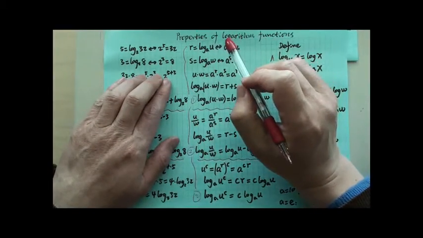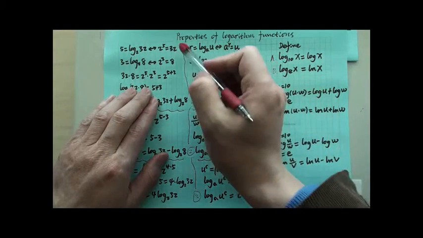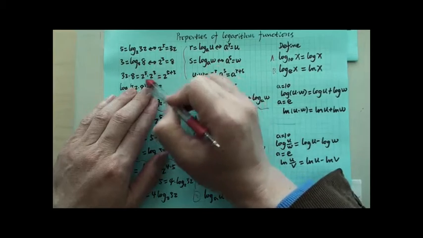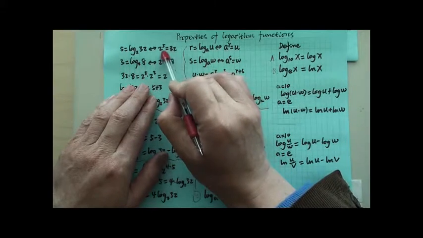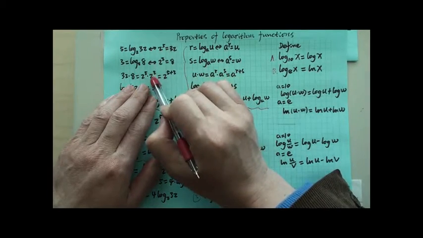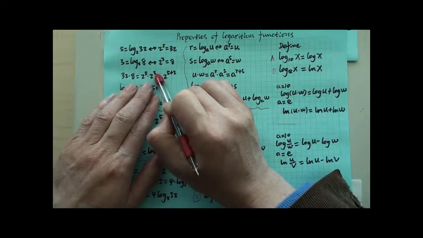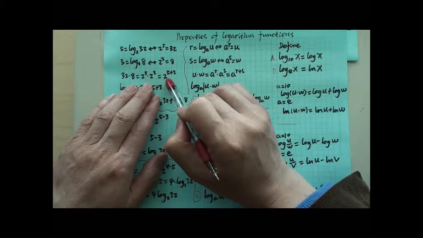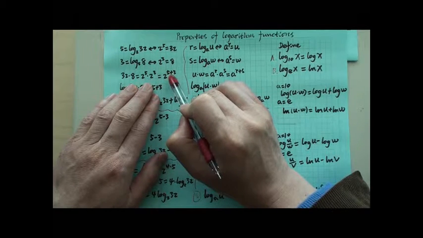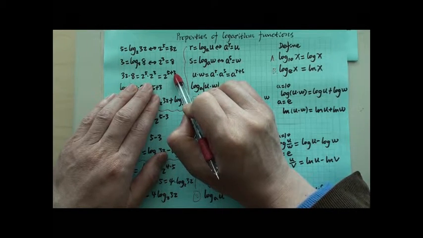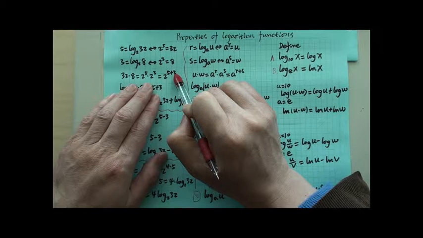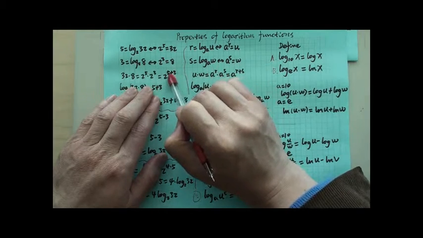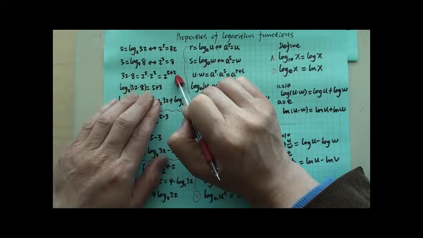Now, how about 32 times 8? We know 32 is 2 to the 5th, and here is 2 cubed, that's 8. Bases are the same, so then you have 2 to the 5 plus 3. You do addition for exponents. And remember, here is multiplication. Exponent then would be addition.